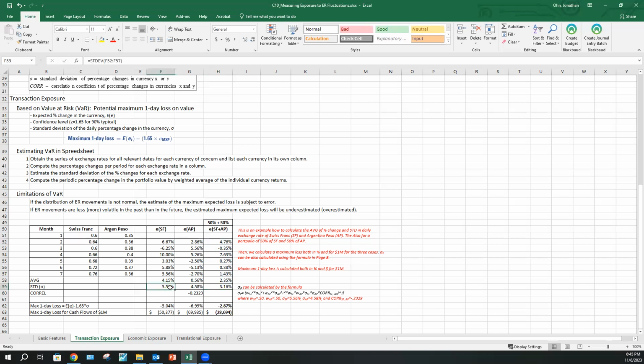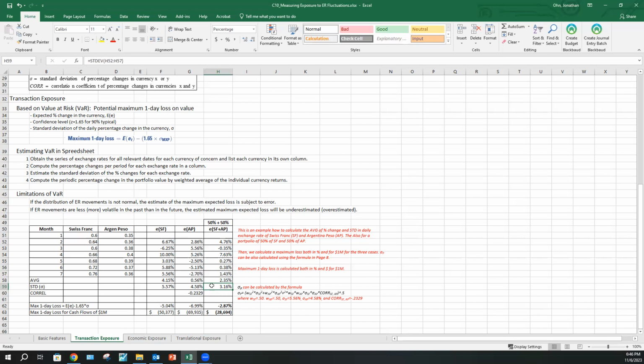If you compare it with the two individual standard deviations, your portfolio standard deviation is quite smaller. You see that? 3.16% versus the individuals: Swiss franc 5.57%, Argentine peso 4.58%. This one is significantly lower.